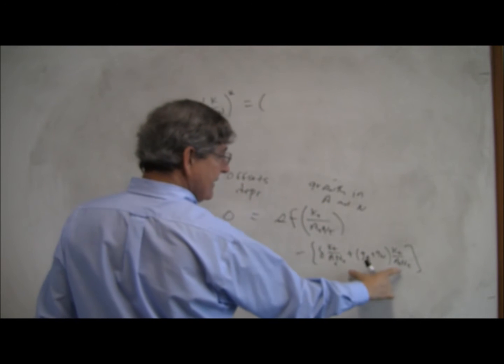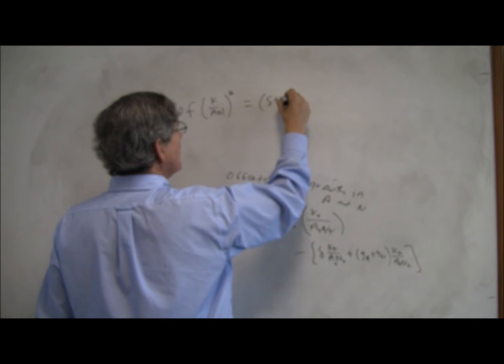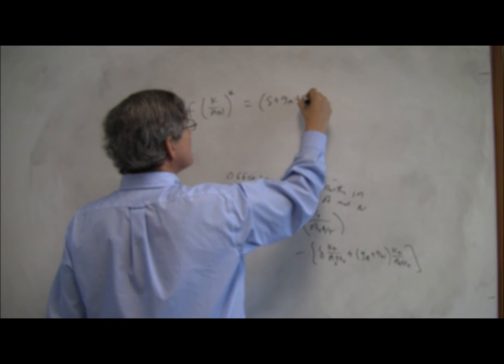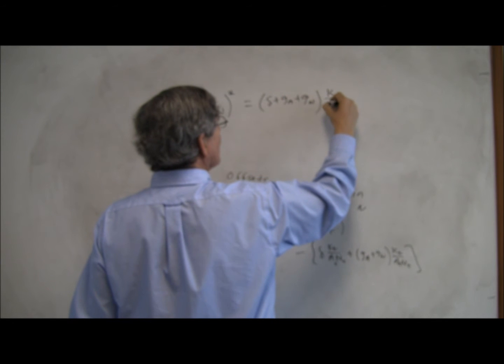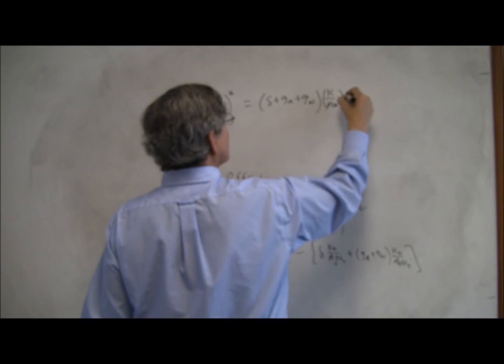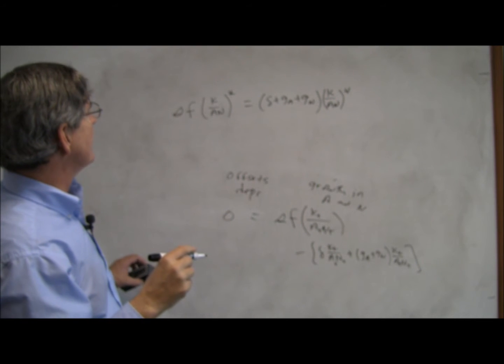I can combine these. They have the same multiple here. So it's delta plus G of A plus G of N times K over AN star. So that's the condition for a steady state right there.